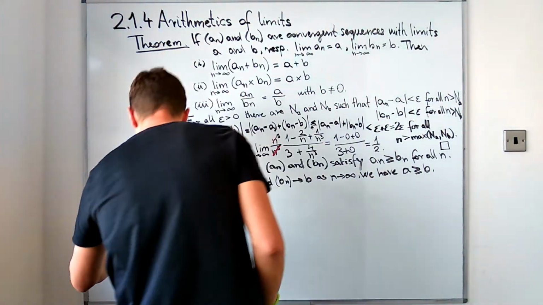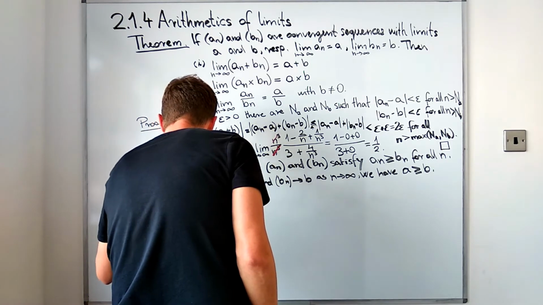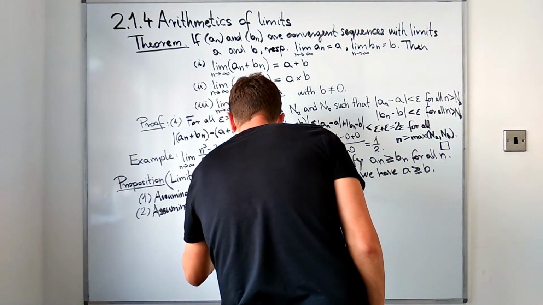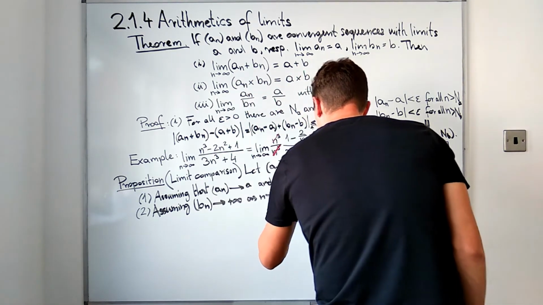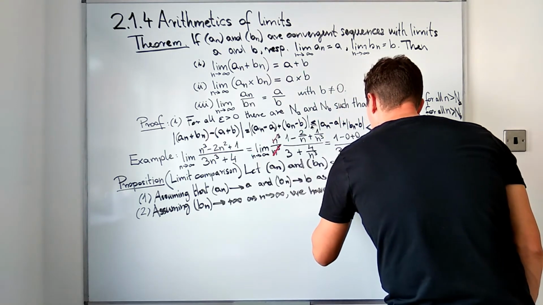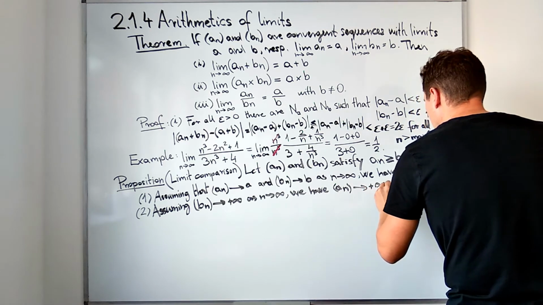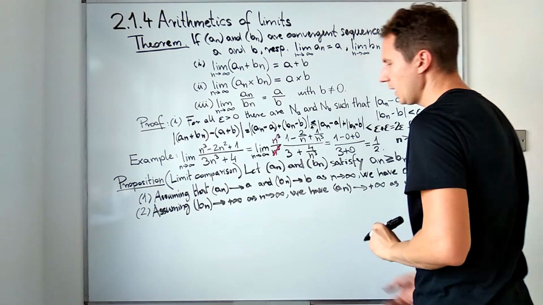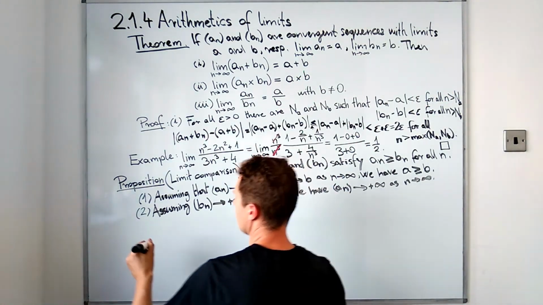So assuming that the smaller sequence bn diverges to plus infinity as n tends to infinity, we have an also diverging to plus infinity as n tends to infinity. Okay, so these are the two statements. Let me prove at least one of them.